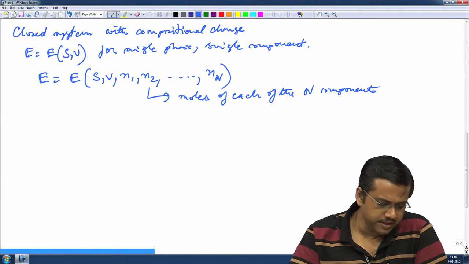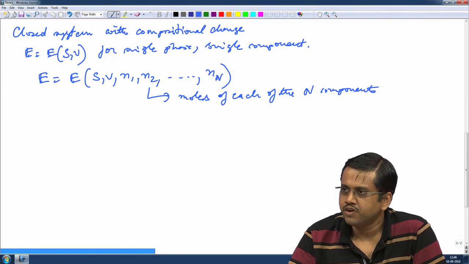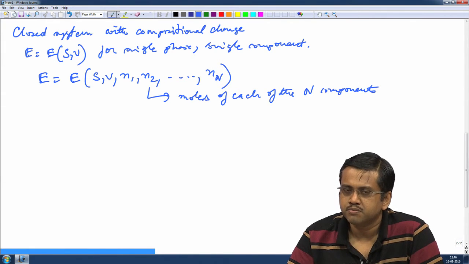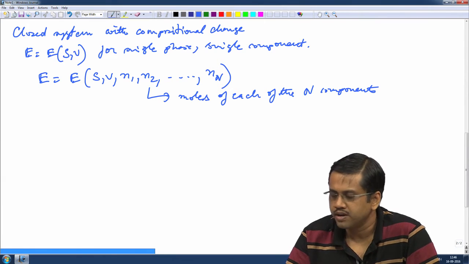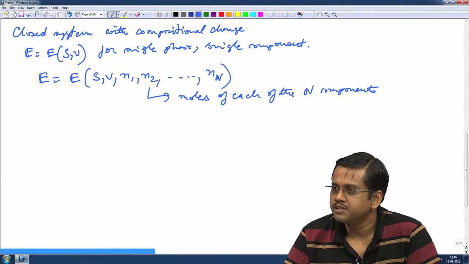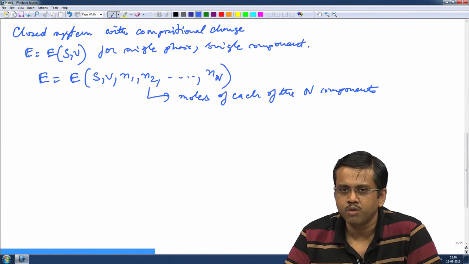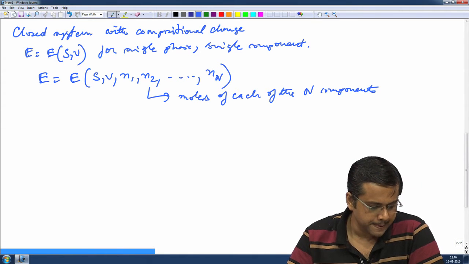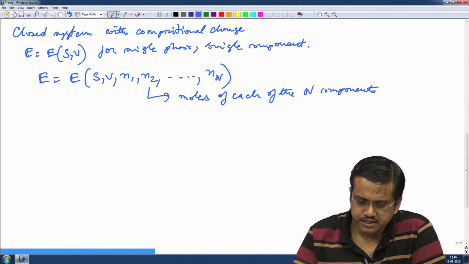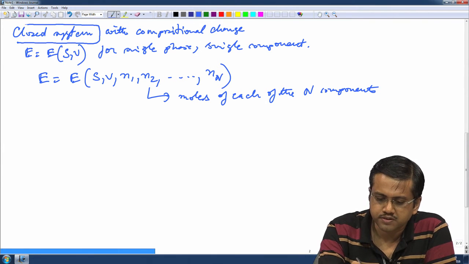Understood? So, that means now the internal energy is not just a function of two independent properties, in this case entropy and volume, it is also a function of the different moles of the individual components that are present in the system. Okay. And this is a closed system if you recall.